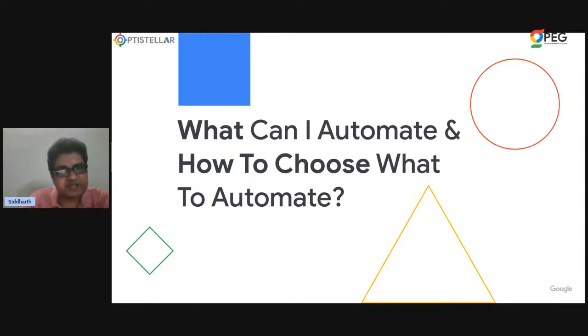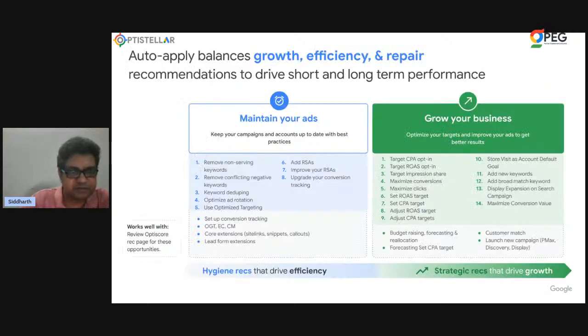If you understand these decisions as an advertiser, it will be very easy, and rather than getting overwhelmed by the large number of recommendations from auto apply, you would be able to steer these recommendations and use them to your benefit and advantage.